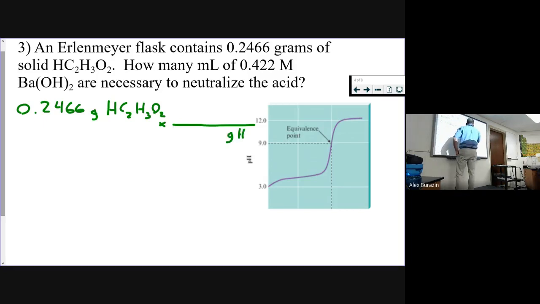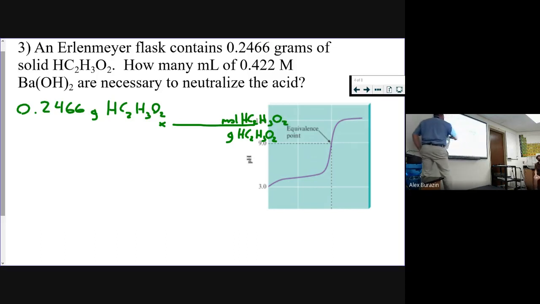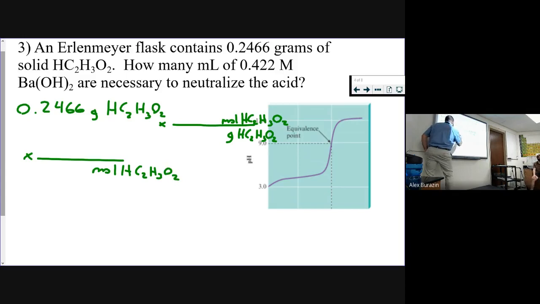I'm going to convert that from grams into moles, right? So I have grams of HC2H3O2 to moles of HC2H3O2. And we'll deal with that molar mass in a second. And then I'm going to go for moles of acid to moles of base. Base in this instance is barium hydroxide, BaOH2.